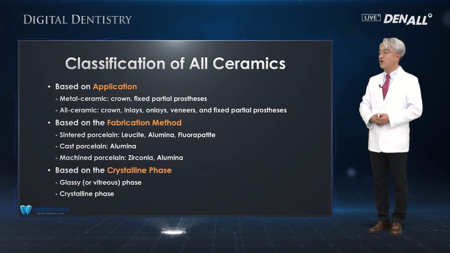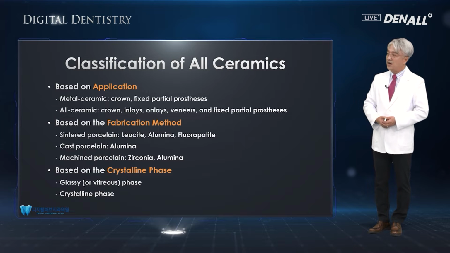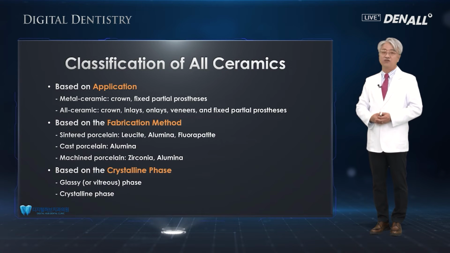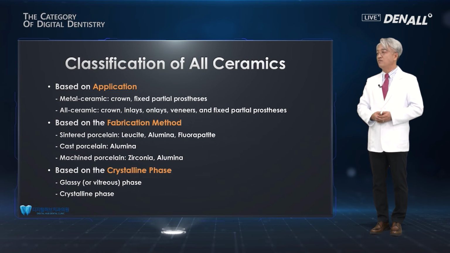In terms of fabrication, lucite, alumina, this type of materials can be sintered, and you bake them for a long time at high temperature, so you can create new properties, or you could do wax up and cast.